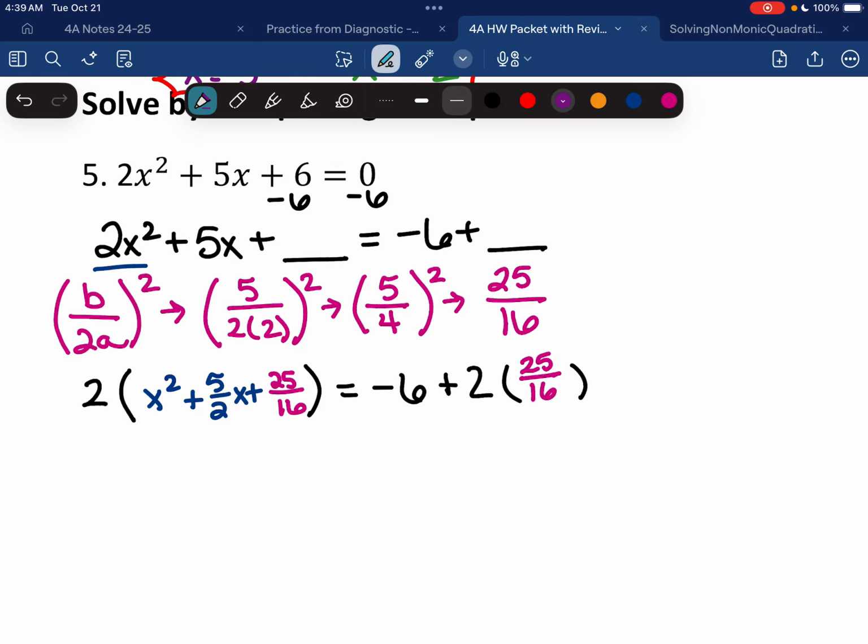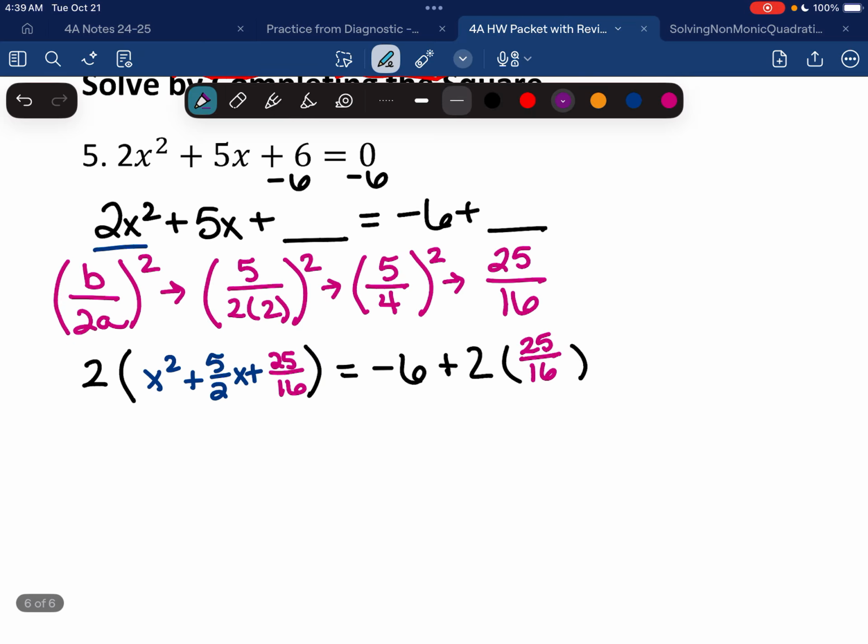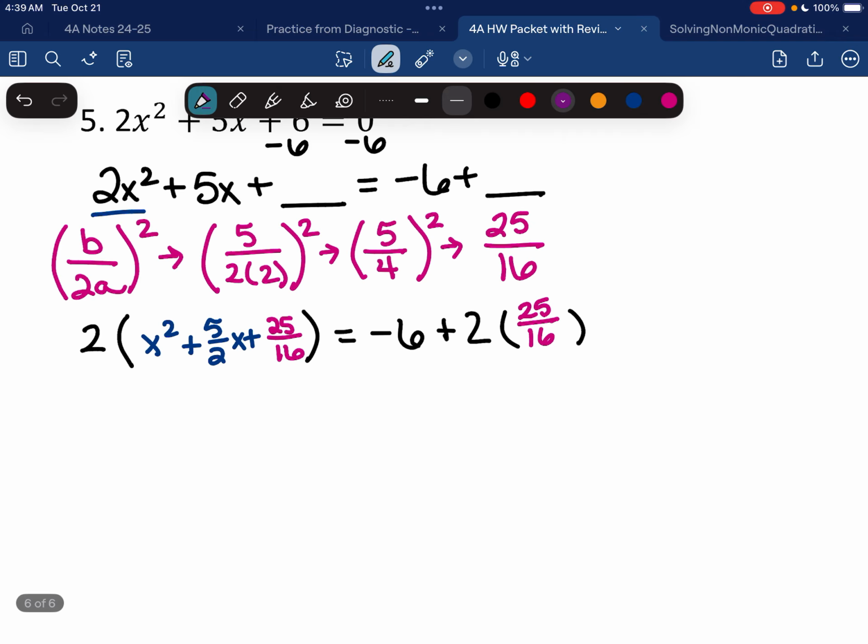And what happens is when I factor the left side, since I created the perfect square, I'm going to go 2 times x. I'm going to throw the 5/4 in there. So 5/4, which is just taking the 5 halves divided by 2.